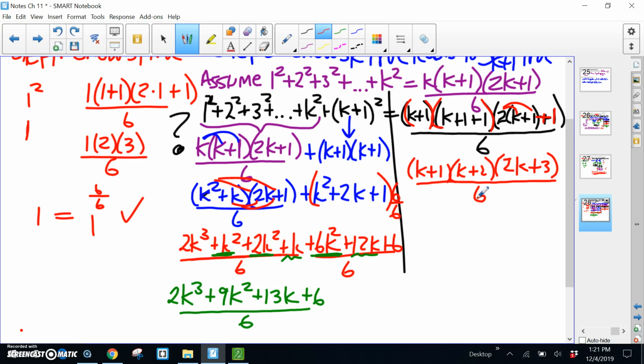All right, still can't tell if it matches. We're going to need to FOIL some stuff together, multiply some stuff together. So let's do that. If you distribute here, that'd be k squared. Well, I can do FOIL in my head. First is k squared, and then outside is 2k, and inside is 1k, so that's going to make plus 3k. And then last, 1 times 2 is 2.